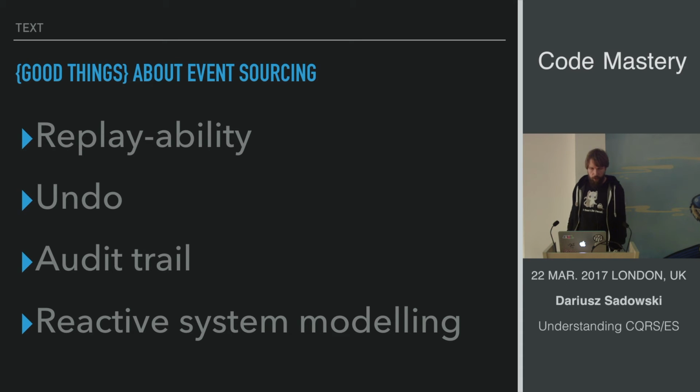And it also helps with what I called reactive system modeling. In microservice architecture, we are talking about many services holding a lot of data. And having our product database, we can say that we want to get information about a product, so we need to create a REST call to get data about this.